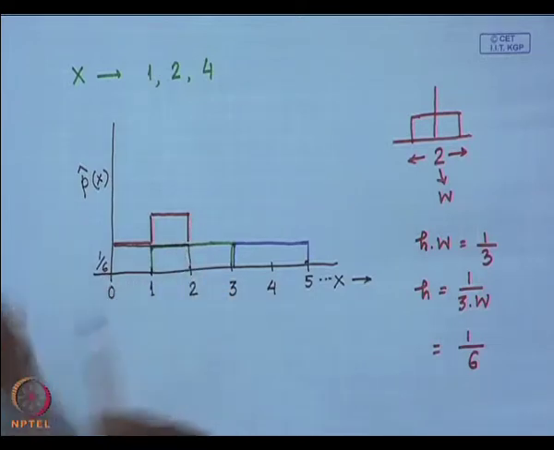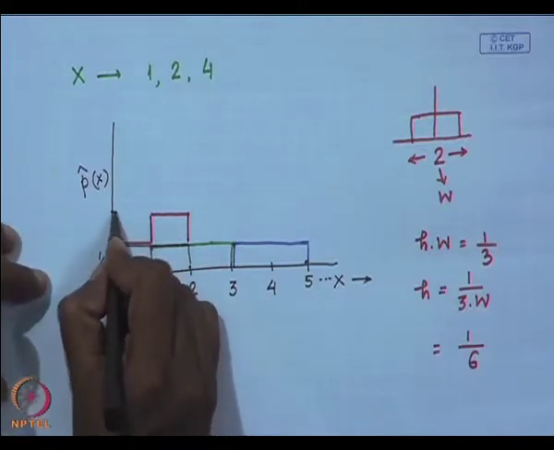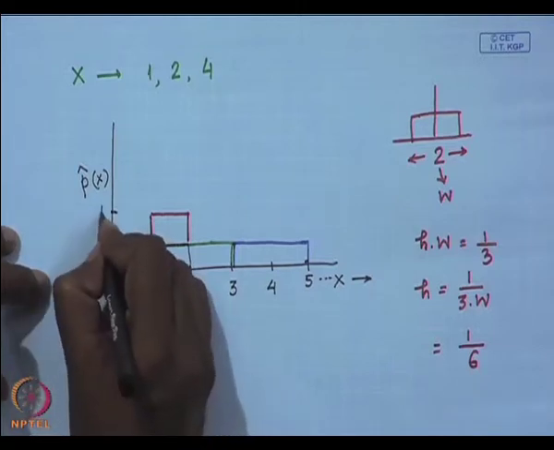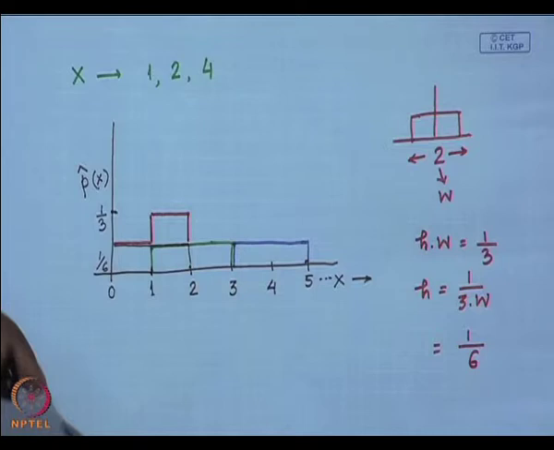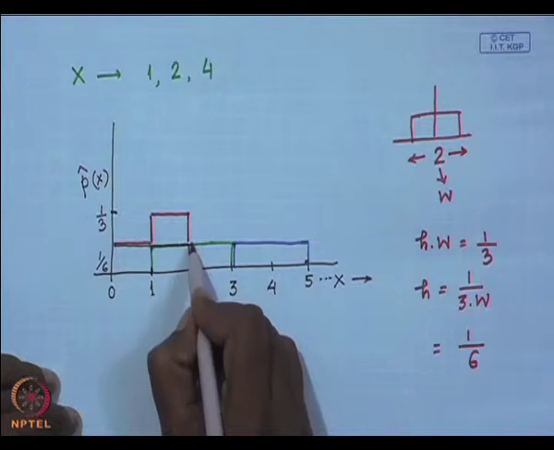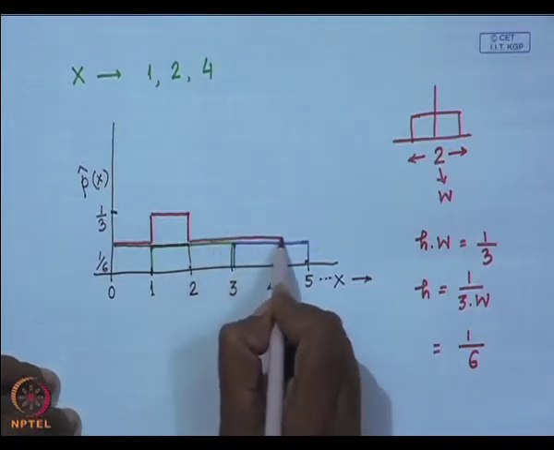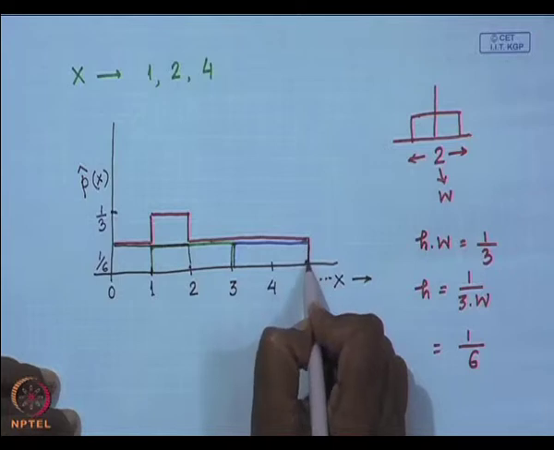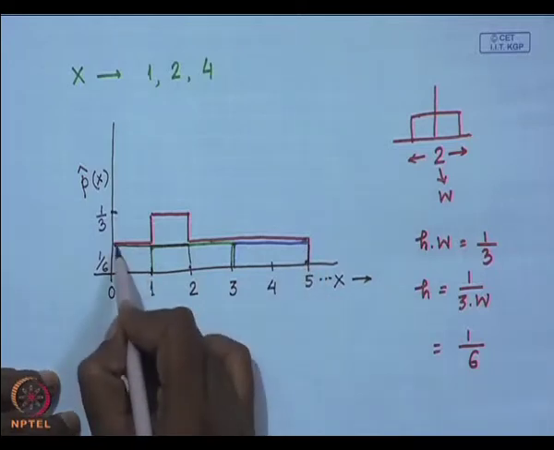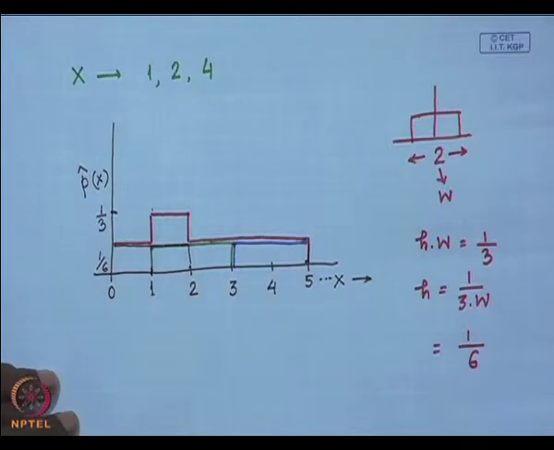So, here it was 1/6. So, at this location, this height will be 2 into 1/6, that is 1/3. And from 2 to 5, the height will be 1 by 6. So, this red curve gives me an estimate of the continuous probability density function as represented by these 3 samples at location 1, 2 and 4.